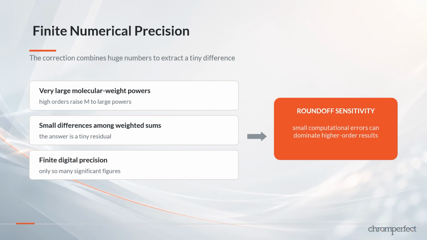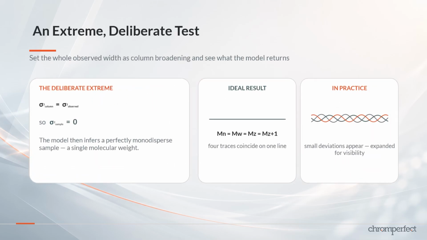The algorithm may involve extremely large molecular weight powers and small differences among weighted sums. All digital calculations have finite precision. In normal applications, the resulting deviations are usually negligible, but they can become visible in extreme examples. Consider an ordinary broad Gaussian chromatographic peak with a small amount of detector noise.